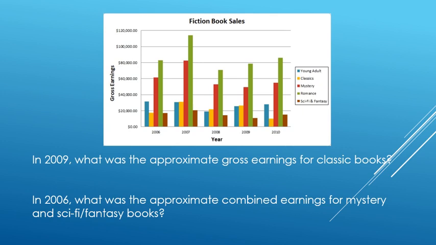We're just under the halfway mark. So we're just under 30,000. So an estimate as to the gross earnings for classic books for the year 2009, we could say would be $28,000.